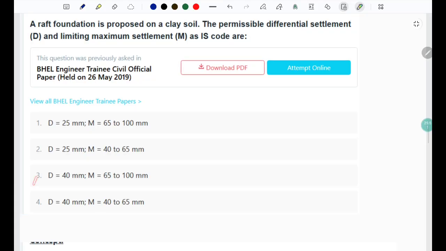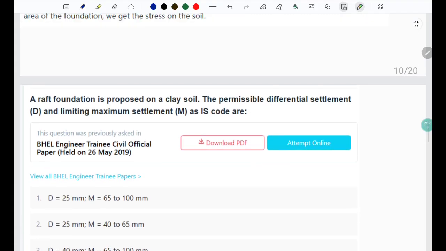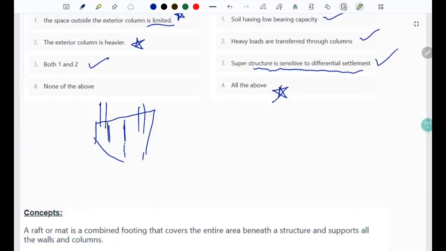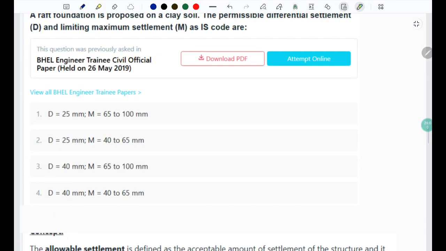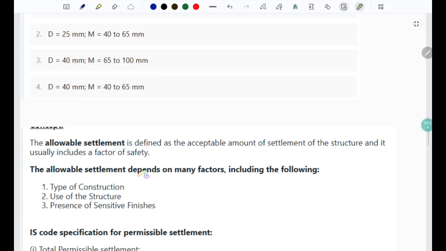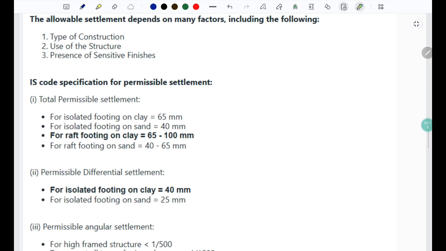So D is 40 mm for sure, and the maximum limiting settlement for the clays is 65 to 100. So third option is correct. As it said, the allowable settlement depends on many factors, including the type of construction, use of the structure, sensitive finishes. What IS code recommends in terms of maximum permissible settlement for clay is 65 to 100, whereas for a raft footing on the sand is 40 to 65.